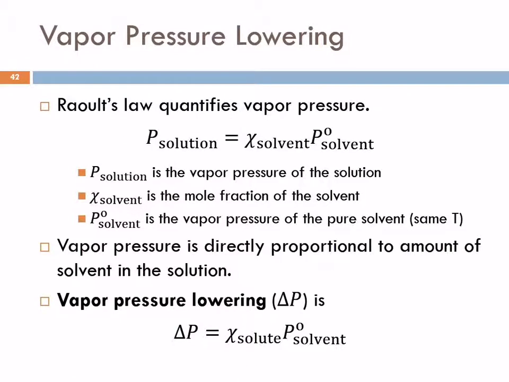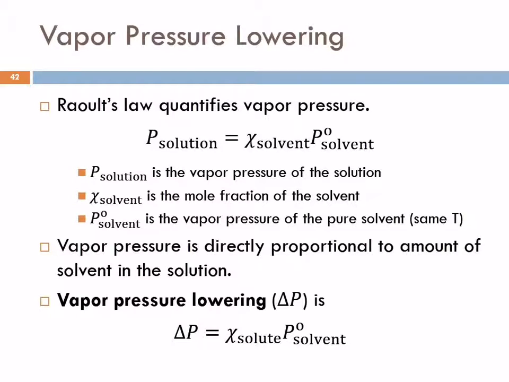We can quantify this. Raoult's Law is used to quantify vapor pressure. The vapor pressure of a solution is equal to the mole fraction of the solvent times the vapor pressure of the pure solvent. So if you have pure solvent, then the mole fraction would be 1 times its pure solvent vapor pressure, and the pressure of the solution will be the same.